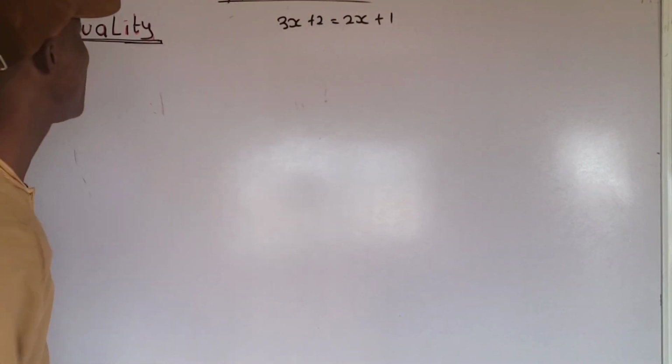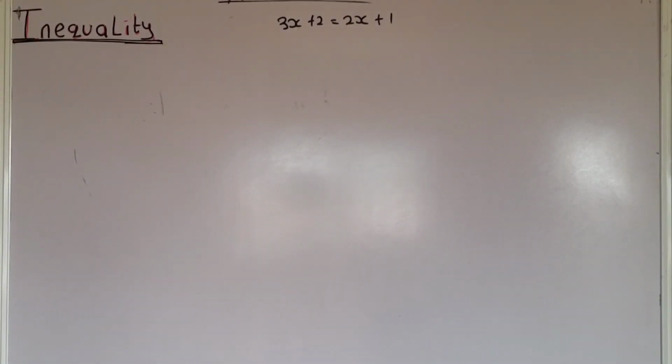You understand? So here we are dealing with inequality in an attempt to represent the relationship that exists between two or more variables that are not equal. We make use of inequality. Now, what are the most common signs of inequality? The most common inequality signs include the greater than sign.